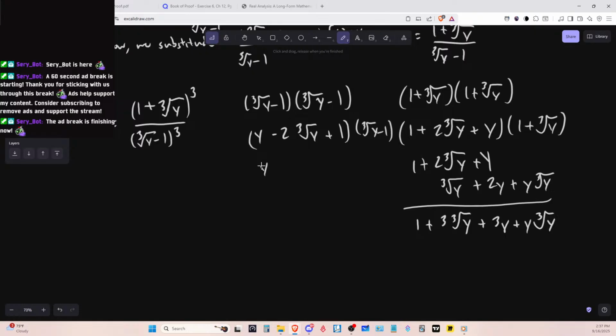So y to the cube minus 2 to that, and then plus cube. Okay, next up, what is that?